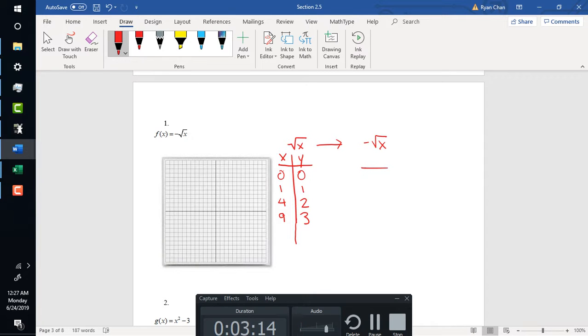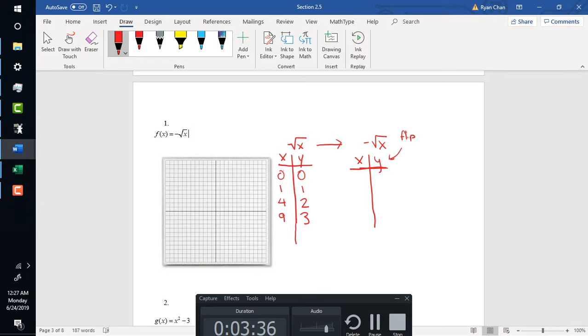Okay, remember, this is going to be a flip across the x-axis. So this is a flip. Remember, not only do you remember the transformations, you want to understand what the operation is.